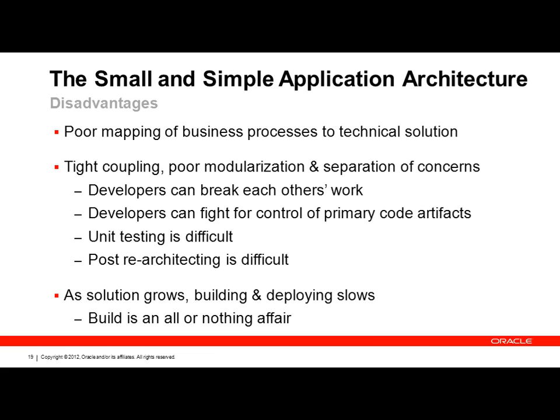In addition, because programmers are essentially working on the same code, it's quite easy for them to accidentally reuse or tightly couple code, sort of create a bit of a spaghetti mess. And because of that, when you step back and try to unit test this thing, unless our programmers have been very careful, we may not be able to unit test things because we have tightly coupled code or poor modularization.